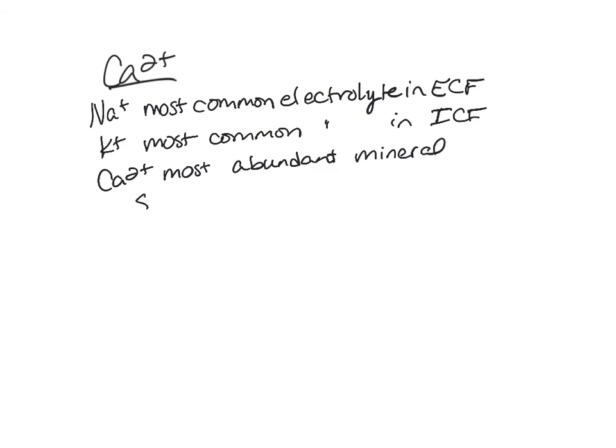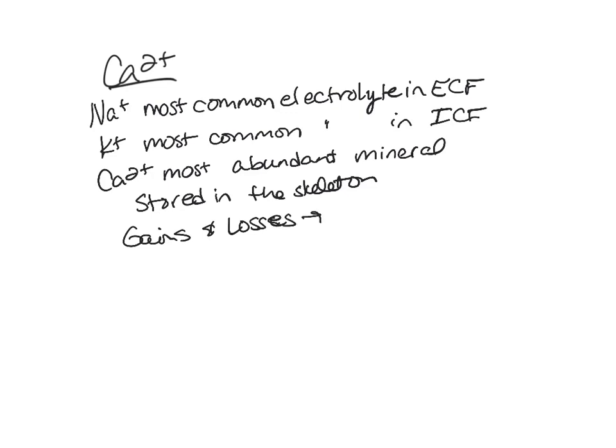It's stored in the skeleton, and gains and losses can be through bone remodeling. So if you remember what happens with the osteoclasts, they tear down the bone and they release the calcium into the blood.